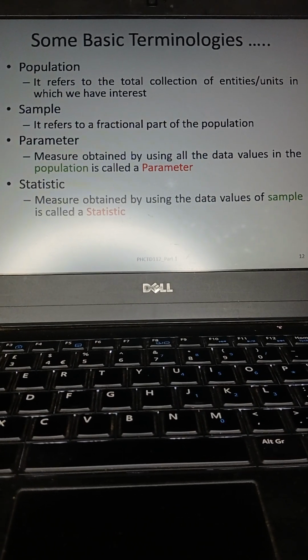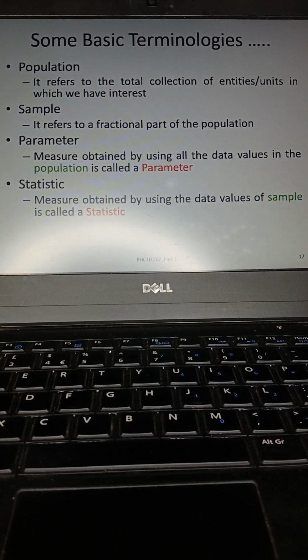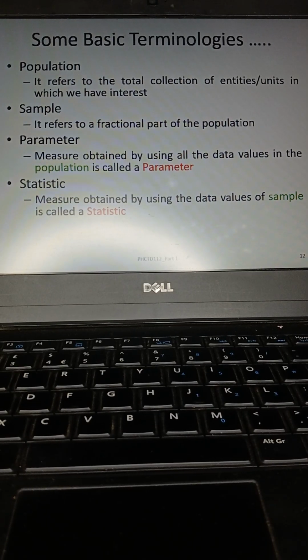Also, I want us to look at population. These are basic terminologies in statistics, like I said the other time. Population, sample, parameter, and statistic. Not statistics now. What is population? Population is that thing that you have interest in. That is the total collection of entities or units in which we have interest.